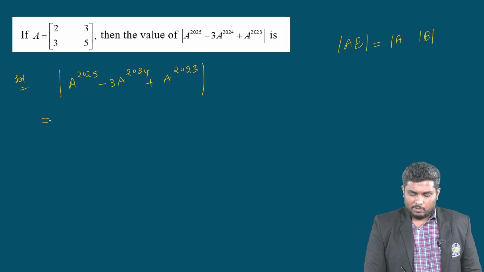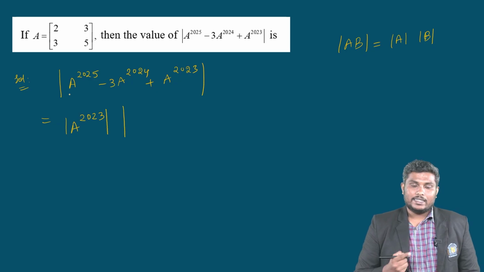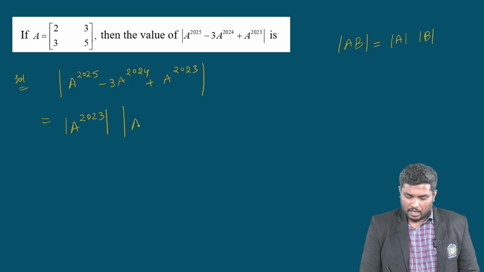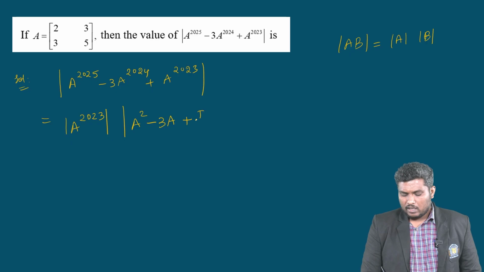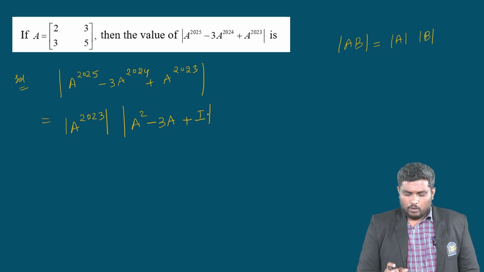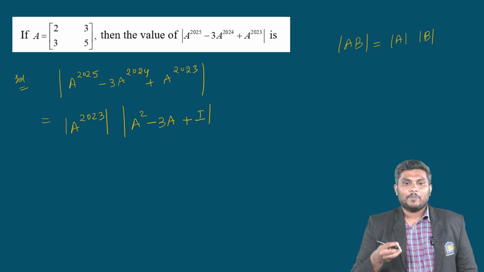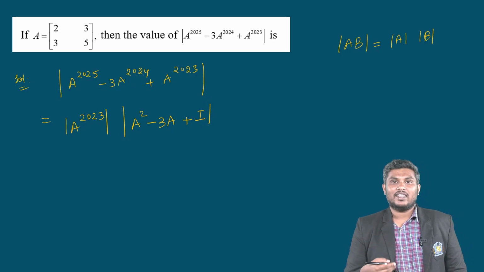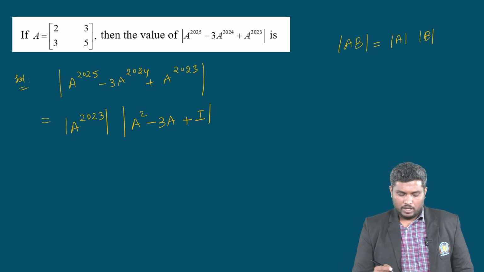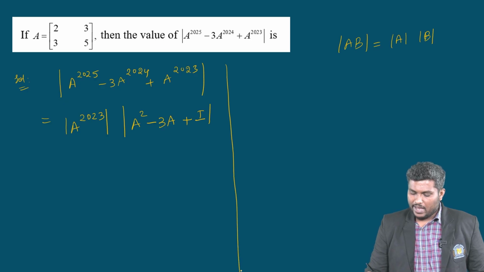Now this one I am going to write as det A to the power 2023 into, and what is left inside, A square minus 3A plus I. Now what you have to do is just find the value of A square minus 3A plus I. We already have A, so let me find A square as well.